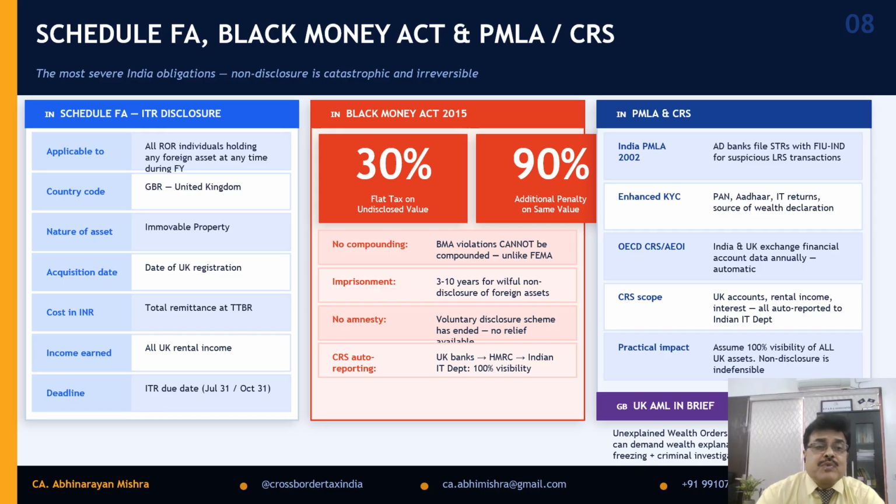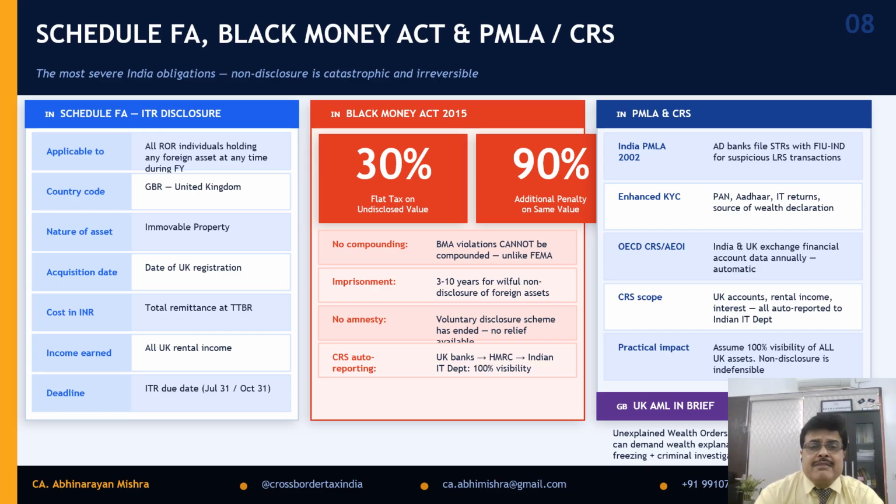So see properly that in FA you disclose the country code, the nature of asset which is immovable property, the date of UK registration, cost in INR, total remittance at TTBR, and income earned, all UK rental income. The deadline is the ITR due date, 31st July or October 31st, depending upon your situation.